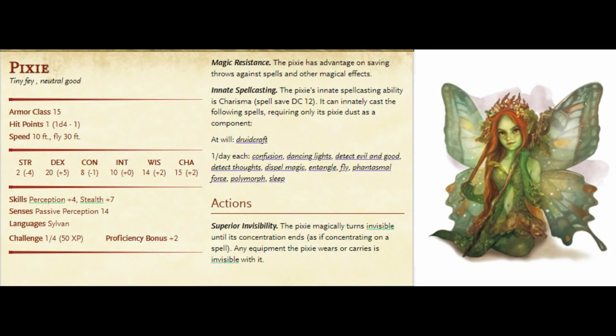There's a very obvious reason this option isn't going to be allowed or provided at the average table. You get 8 of these when you cast the spell. That means 8 polymorph spells, 8 fly spells, 8 phantasmal force spells, 8 entangle spells, 8 dispel magic spells, 8 confusion spells.